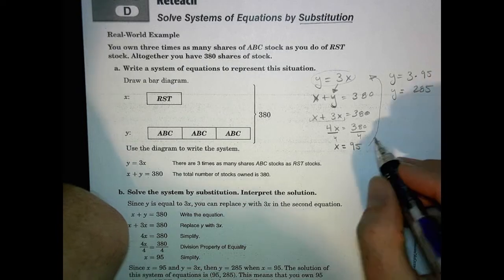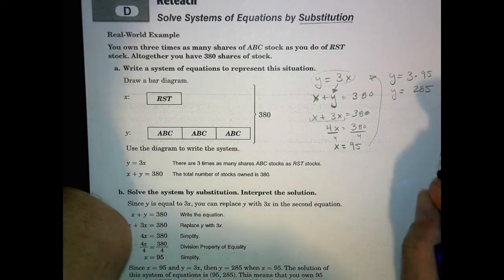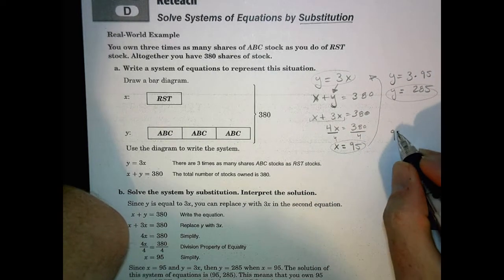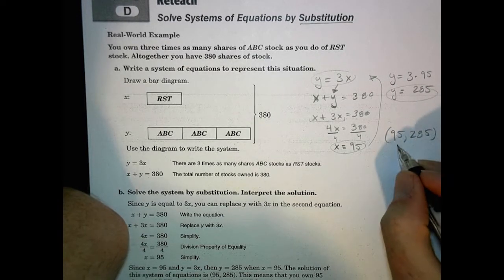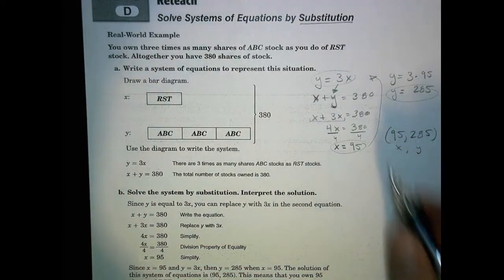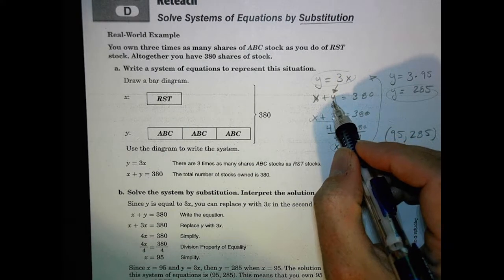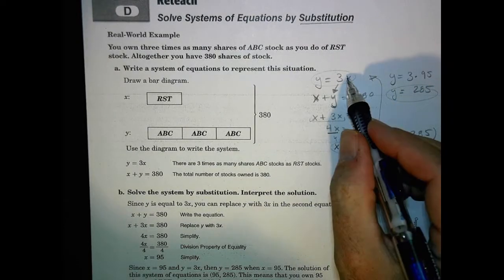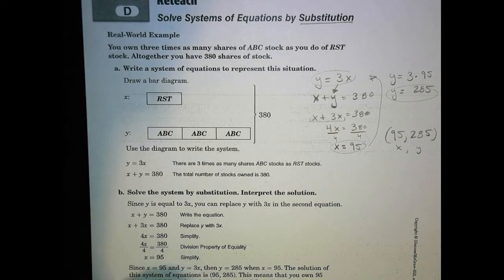So now I have my solution for my system of equations: I have an x and a y value, 95 and 285. So that's using substitution. You're using one equation and substituting it into the other equation to solve for one variable, and then using that answer to go back to the original to solve for the other variable. That's the idea of what we're doing today.